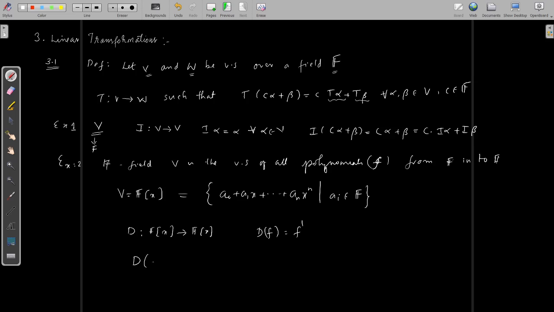When you consider D of c f plus g, where f and g are polynomials, this is the derivative of c f plus g, which equals c times f dash plus g dash. So this equals c times Df plus Dg. This shows that D is a linear transformation on the set of all polynomials over a field F.